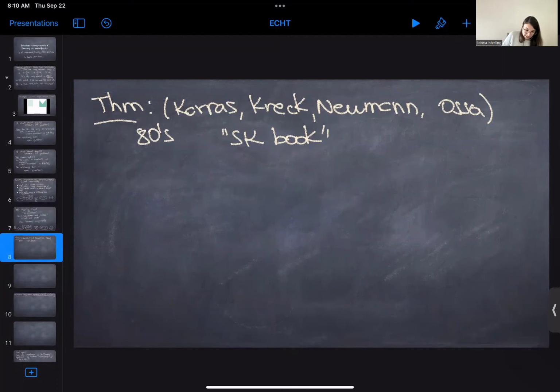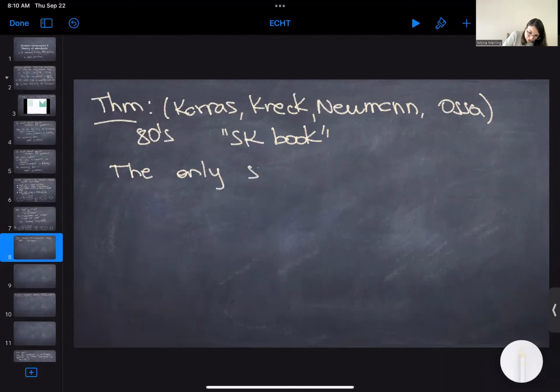Since they are German, they called it SK equivalent, but it just means cut and paste equivalent, or scissors congruent. It turns out that the story for manifolds is a lot easier than for polyhedra. In this book, they define scissors congruence groups, they define this scissors congruence relation, and they completely classify all the scissors congruence invariants. So it's much, much easier.